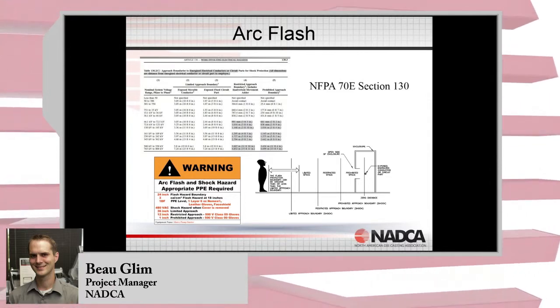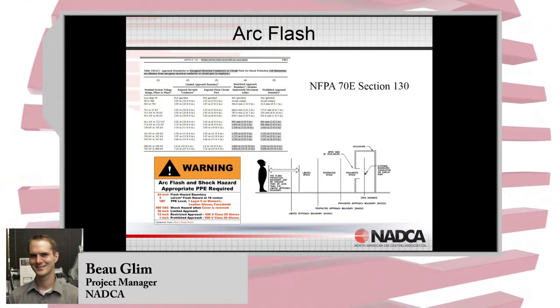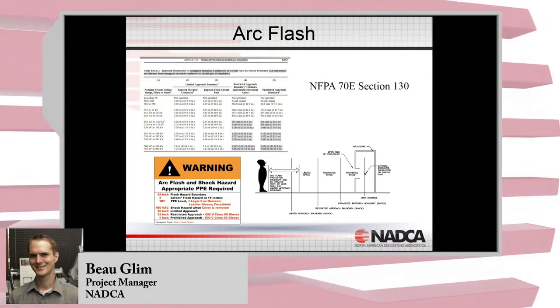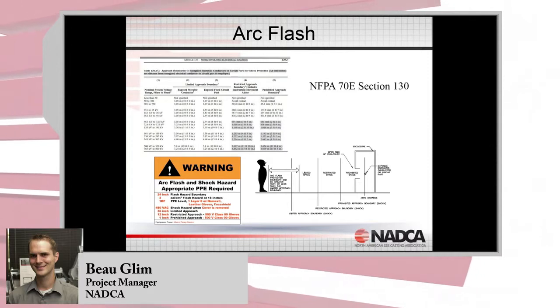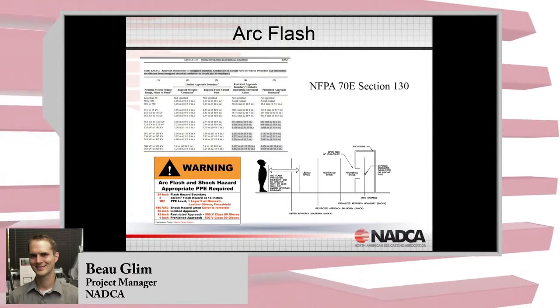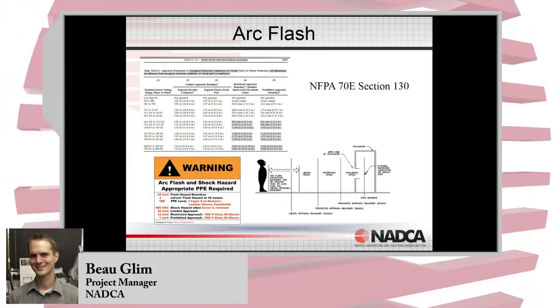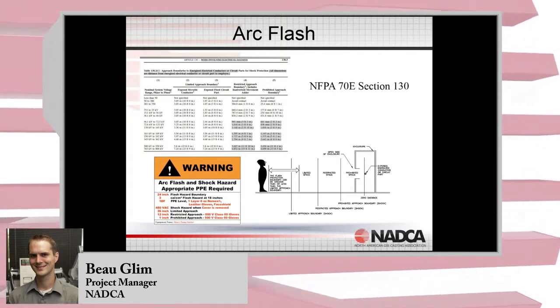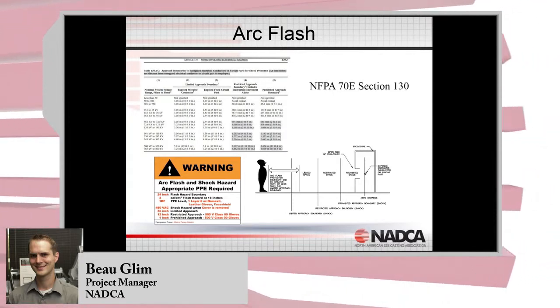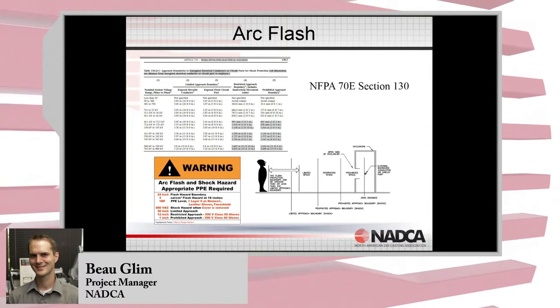At the restricted approach boundary, you can't have any unauthorized employees. They have to be authorized, and then they have to wear a certain amount of PPE, and if they go beyond the prohibited approach boundary, they need to wear even further PPE.